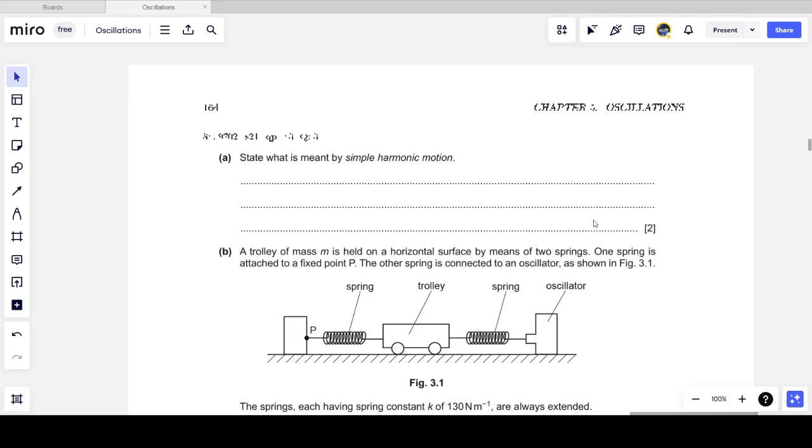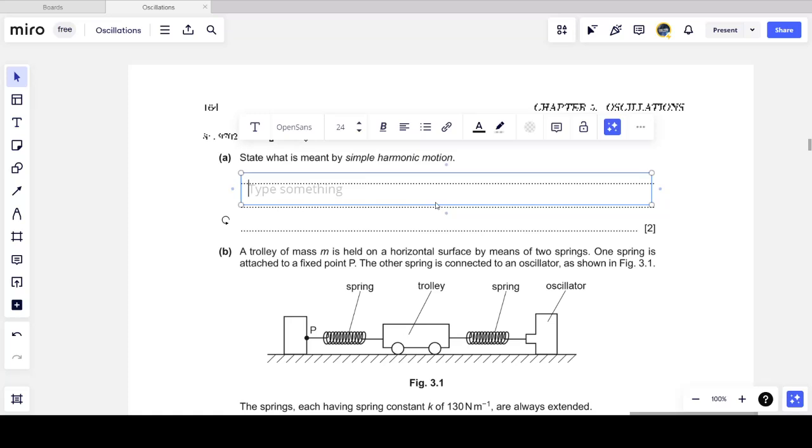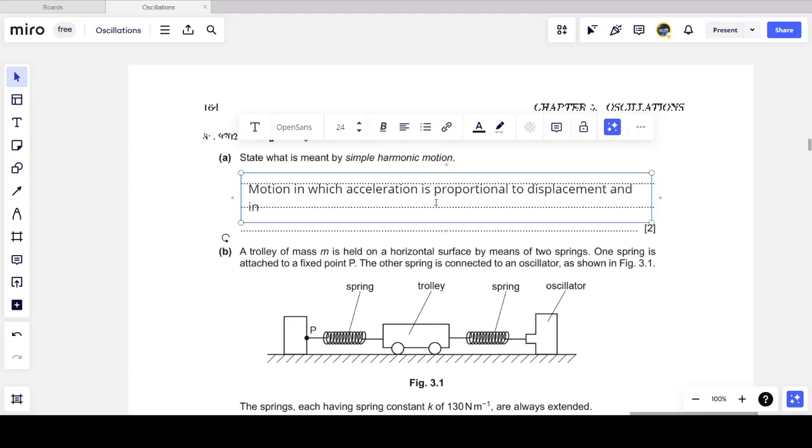The next one's very similar, and we immediately see that there is a trolley with 2 springs. But we are first asked to state what is simple harmonic motion. And we all know what the definition of simple harmonic motion is. It's the repetitive or repeated oscillatory motion, or simply the motion in which acceleration is proportional to the displacement and in the opposite direction to the displacement.